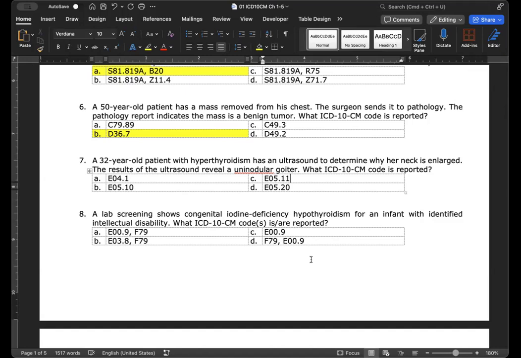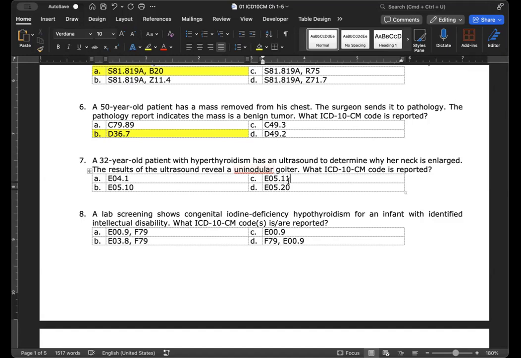No. They're called non-essential modifiers. If we think about what non-essential is, it's not necessary for that word to be there, right? So if they do state that it's multinodular, great. If not, it's okay. But then we need to go down underneath uninodular because it does indicate that it's uninodular and there's not multiple. Does that make sense?